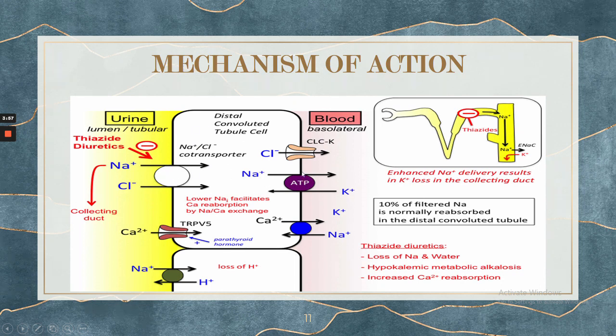This sodium and potassium ATPase channel, this calcium and sodium channel, and this calcium channel. So what happens is the thiazide diuretics mainly act on the sodium and chloride co-transporter, and thiazide acts on the luminal part of the DCT, that is the distal convoluted tubule.